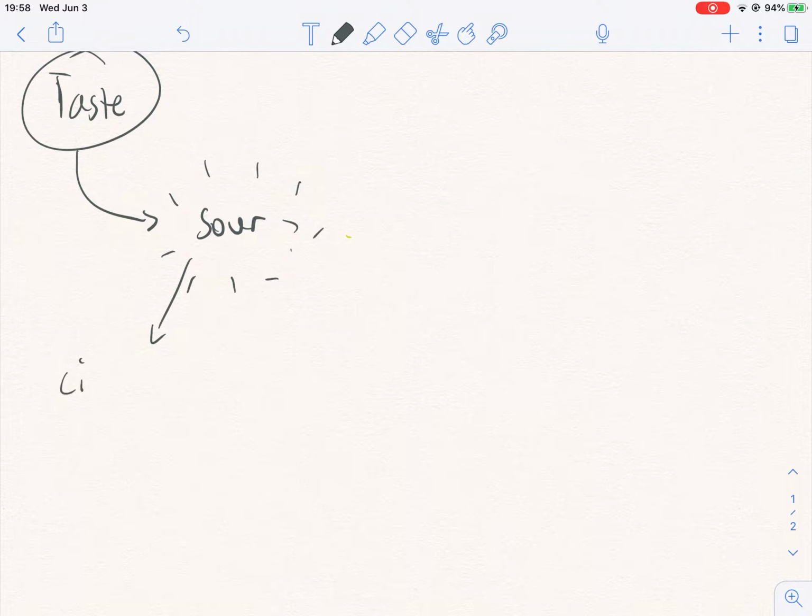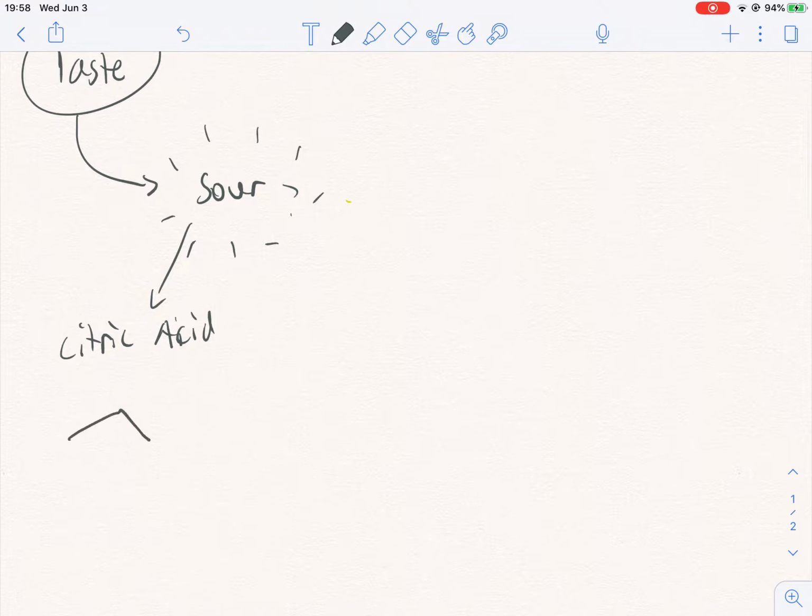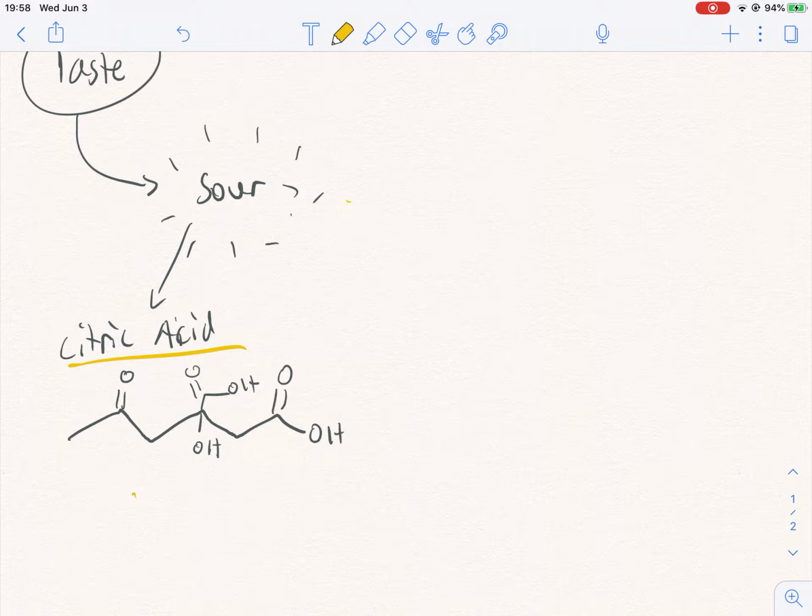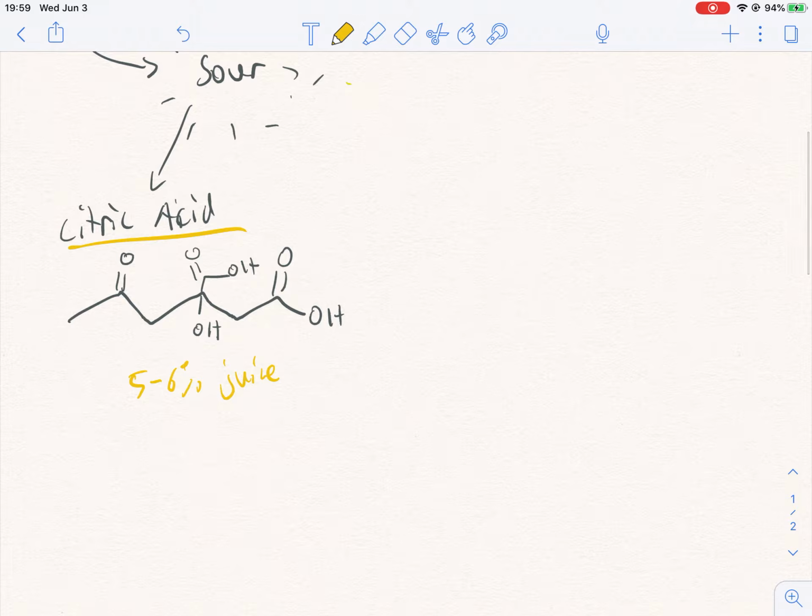Sour is actually citric acid, and citric acid is this guy right here. Citric acid is about 5 to 6% by weight in lemon juice.